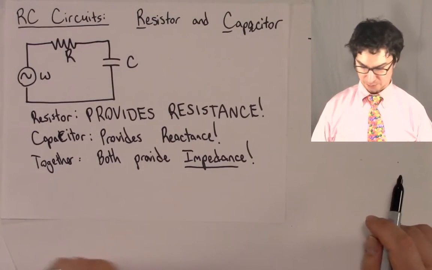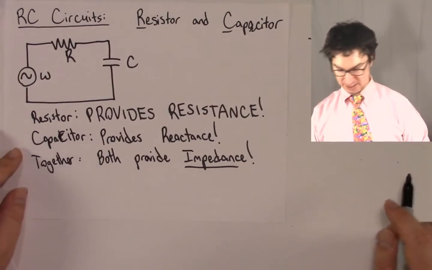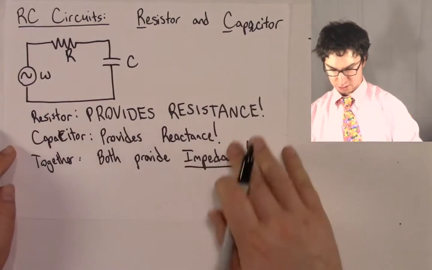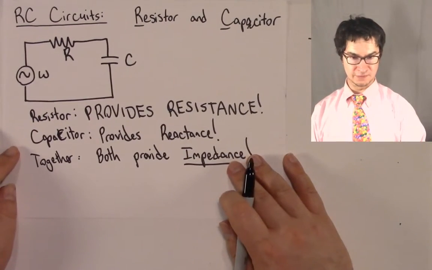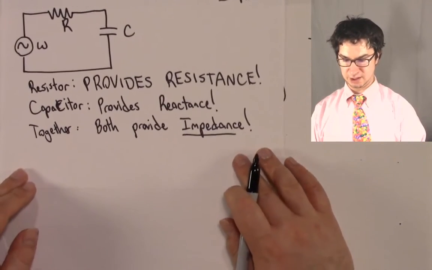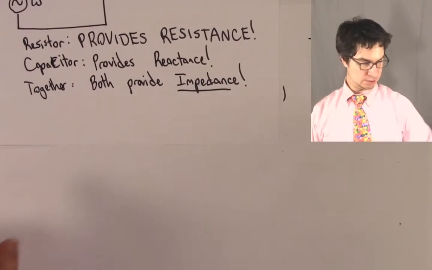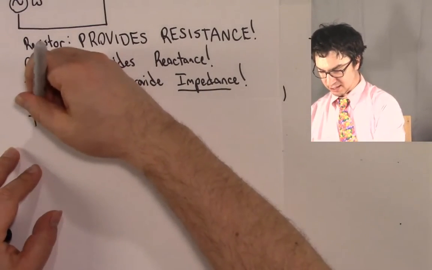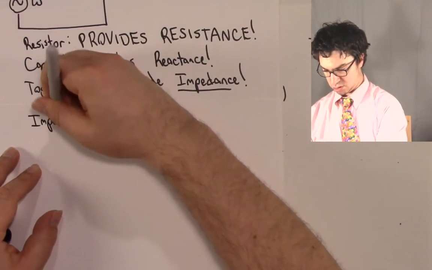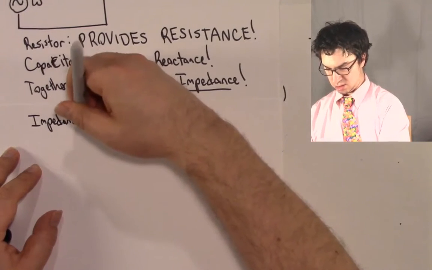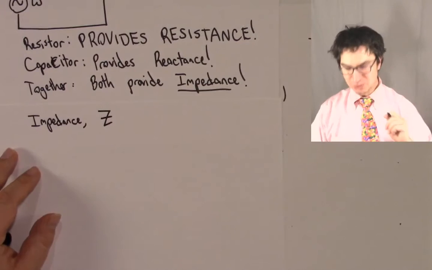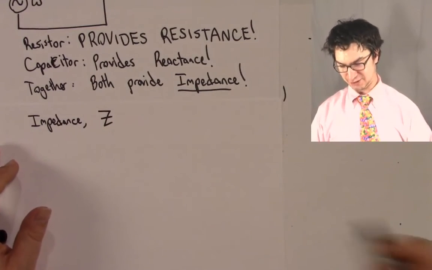Okay? Now, what is impedance? Impedance, let's define this. So I'm going to move this up here like this. Okay, so impedance is the quantity Z. We haven't used Z yet in our study of physics. This is kind of cool.